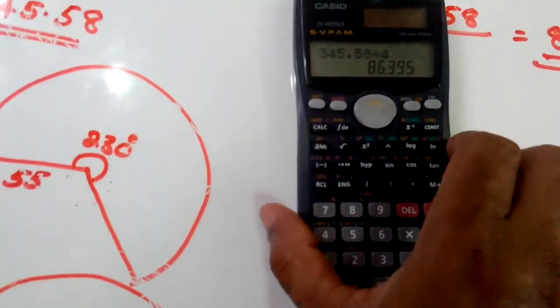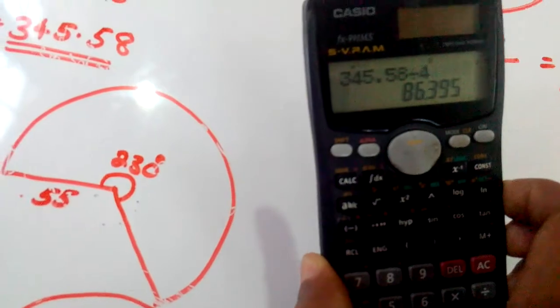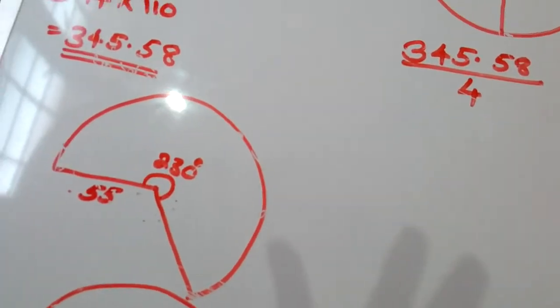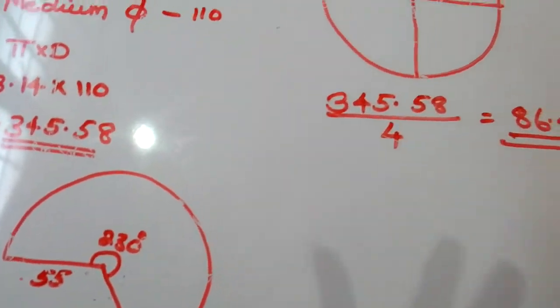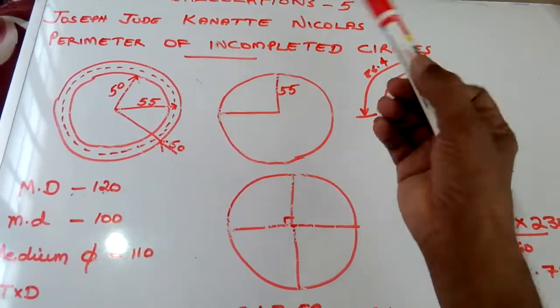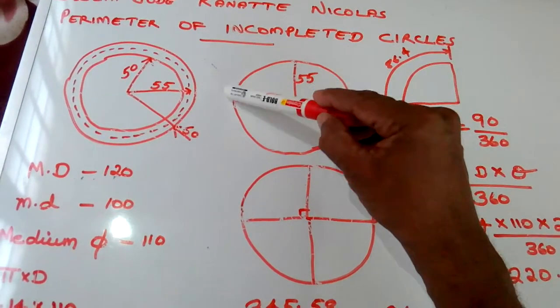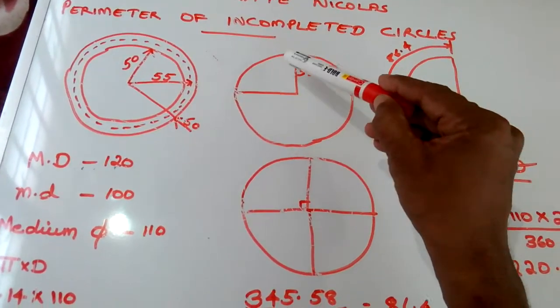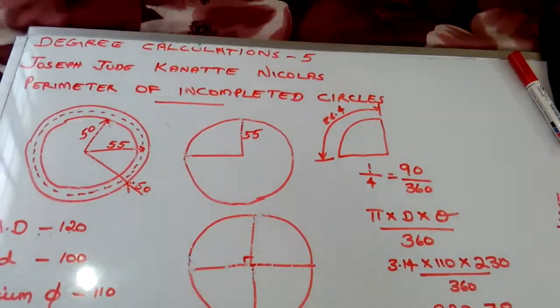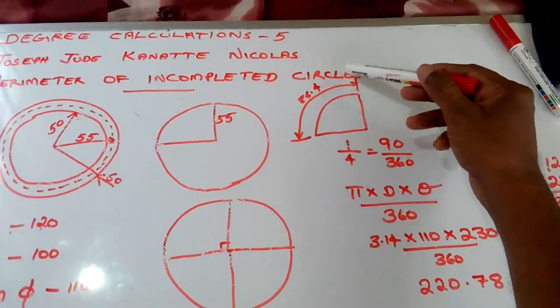Then we get the measurement 86.4. So if we have to roll this much length only, we have to take 86.4.